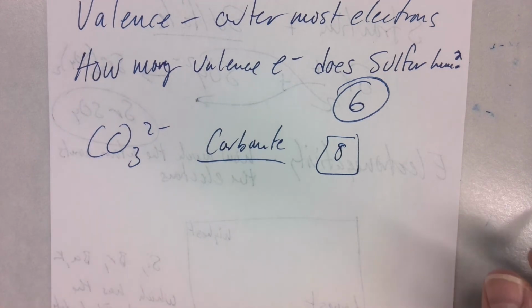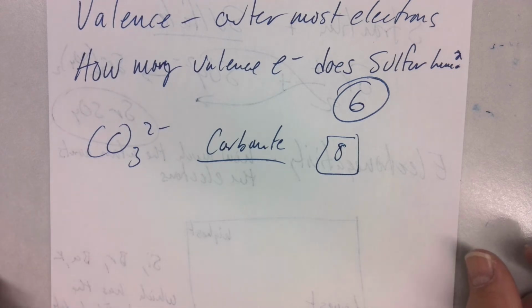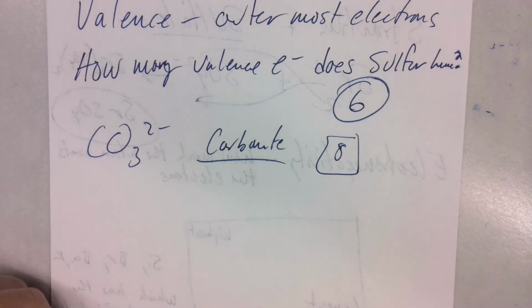Okay? That's the valence for all polyatomics? Well, yeah, that's what I'm going to teach. There are a couple of exceptions, but we're not going to deal with any of them, so it doesn't matter. You know what I'm saying?